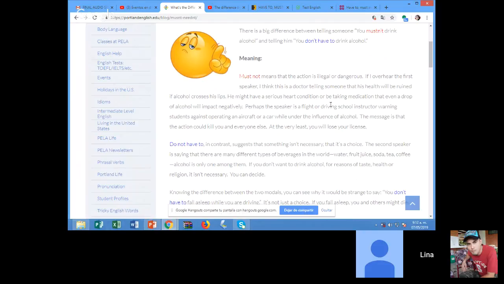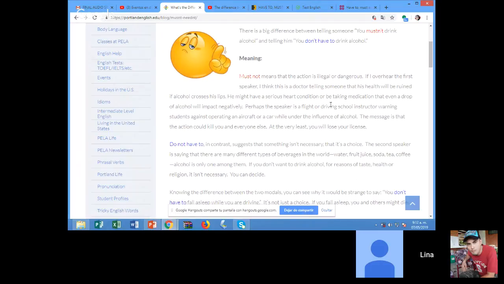If I overhear the first speaker, I think this is a doctor telling someone that his health will be ruined if alcohol crosses his lips. He might have a serious heart condition or be taking medication that even a drop of alcohol will impact negatively.